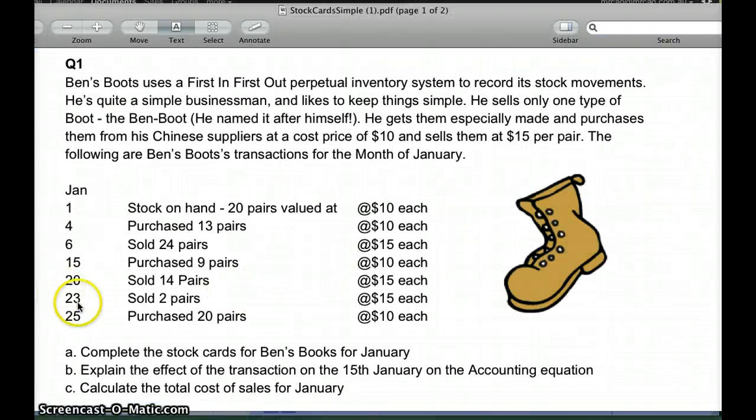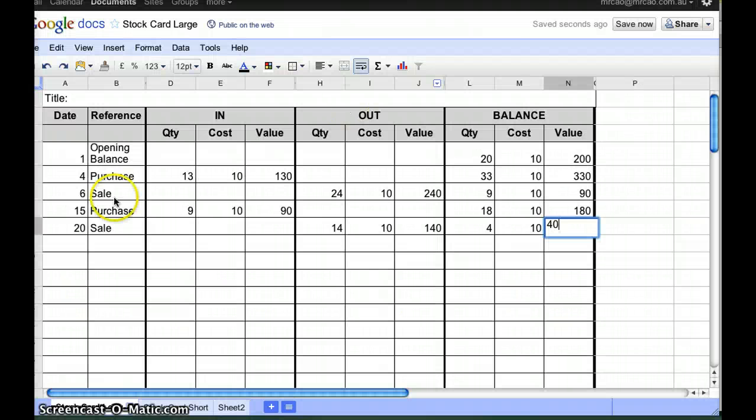On the 23rd, I sold another 2 pairs. On the 23rd, a sale, which means it goes in the out column, another 2 pairs.